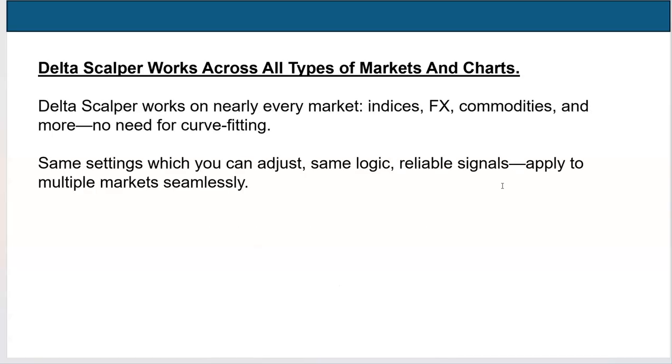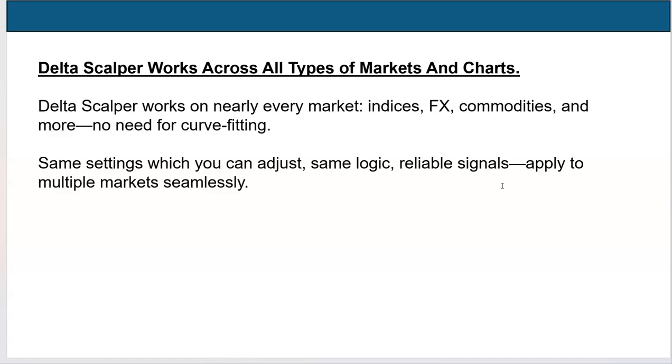Okay, now the Delta Scalper works across all types of markets and charts. It works on nearly every market: indices, FX, commodities, and more. No need for curve fitting. Now, of course, you're welcome to adjust it to your market and your trading style. Everyone has different risk parameters that are going to adjust how they view the market and trade the market.